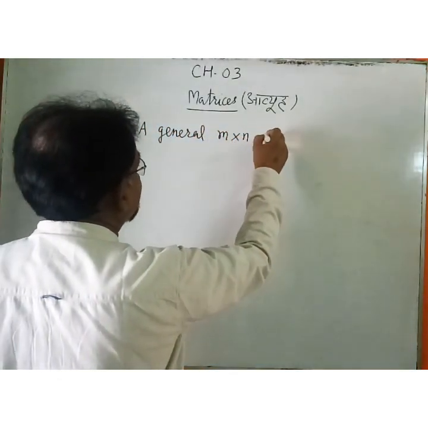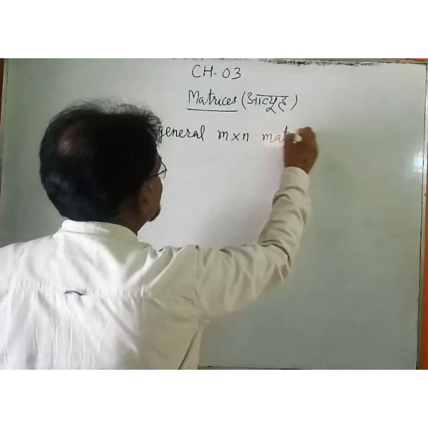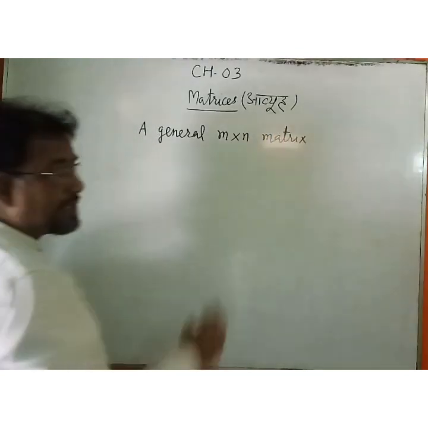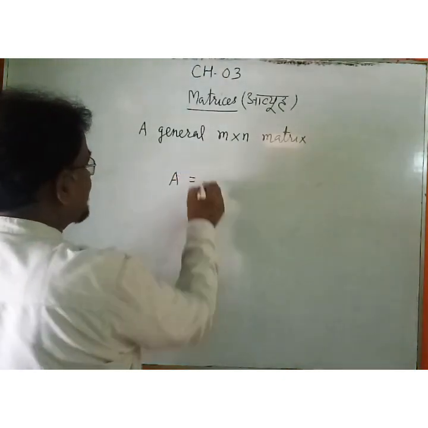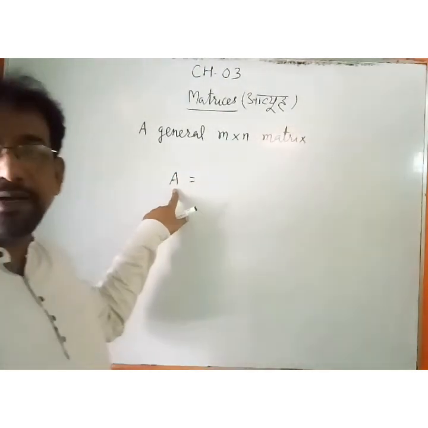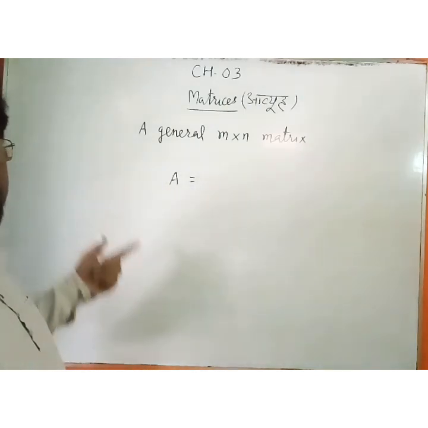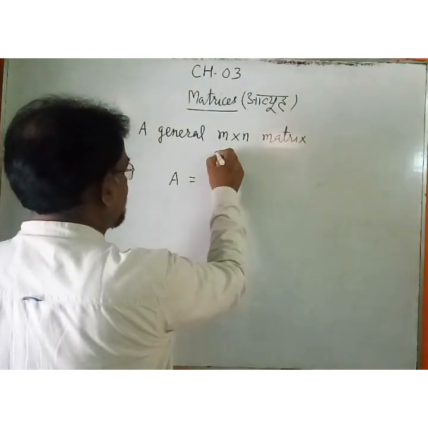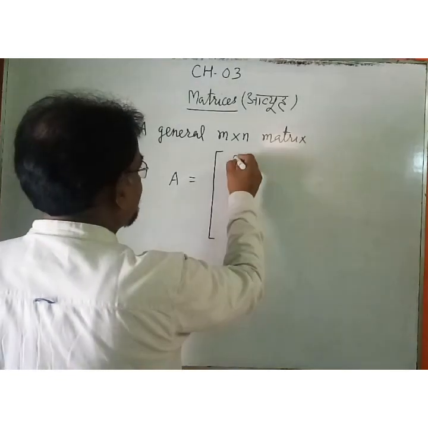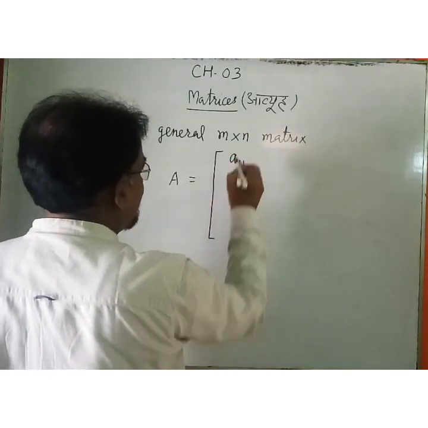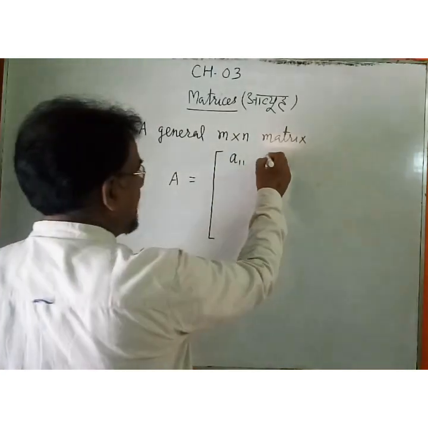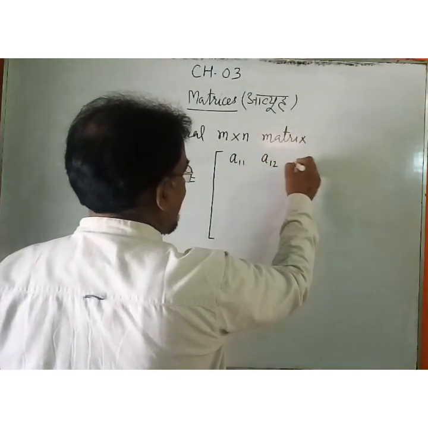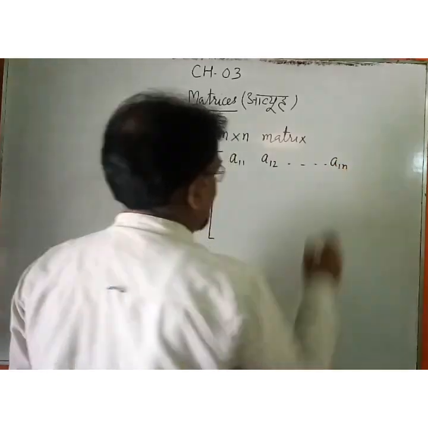So let us see what a general m cross n matrix is. With this matrix, we will learn the actual notation of the numbers. Usually matrices are denoted by capital letters of the English alphabet, A, B, C, D up to X, Y, Z, any letter you can use. Here I will write A11 as the member of first row and first column, A12 and so on, A1n.